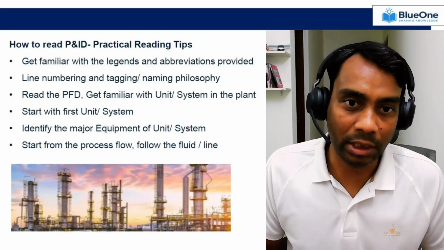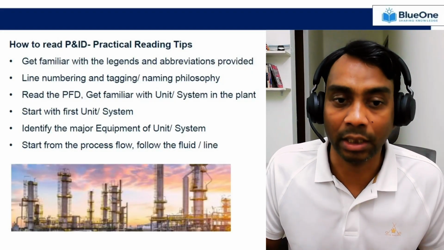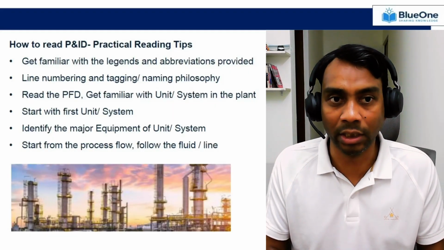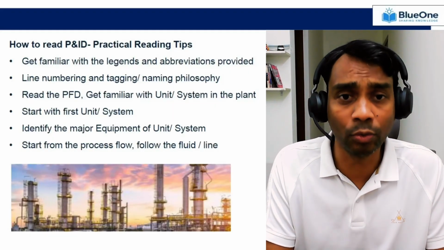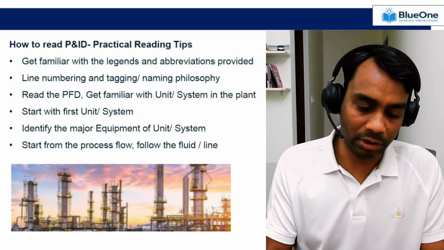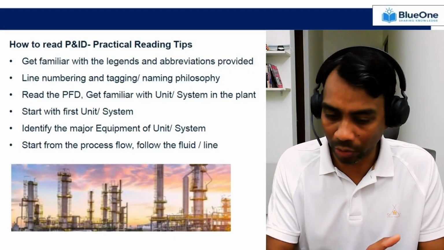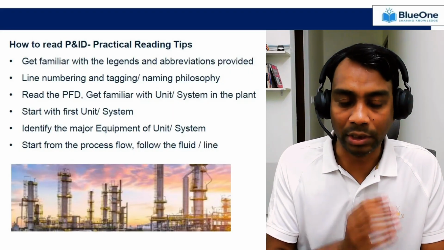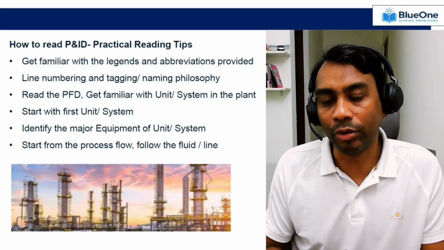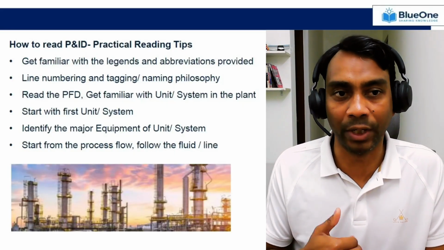So now let's quickly walk through how to read a P&ID practically. If you got the P&ID in your hand, how are you going to start? What I will suggest is very easy and very simple. First, keep all these layers of information in your mind and look around the P&ID and see where layer 1, layer 2, layer 3, layer 4, and layer 5 are, and how you're going to leverage that knowledge while interpreting your P&ID.